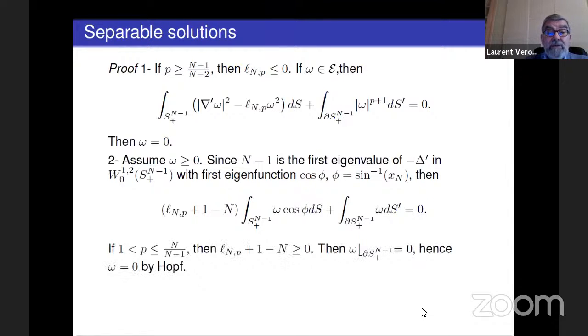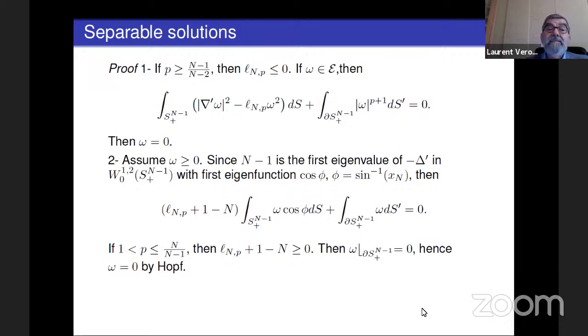Now, if p is between 1 and n/(n-1), then this constant here, l(p+1-n), is positive. This implies, of course, that omega on the boundary is 0, and then omega is 0 by the maximum principle.